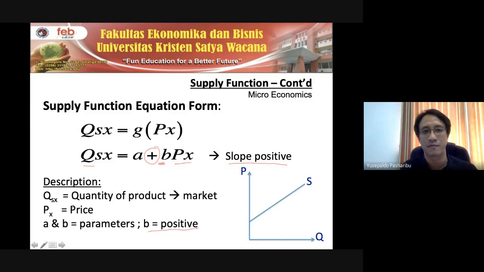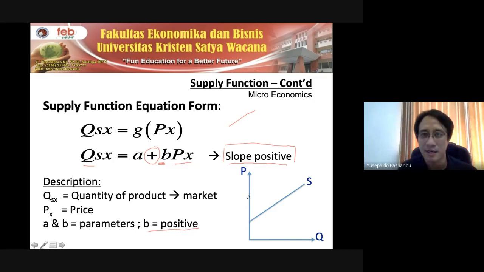Q is the quantity of product to market, P is price, A and B are parameters, and B must be positive. The slope is positive. If B is positive, then the line in the graph must be upward, going up.